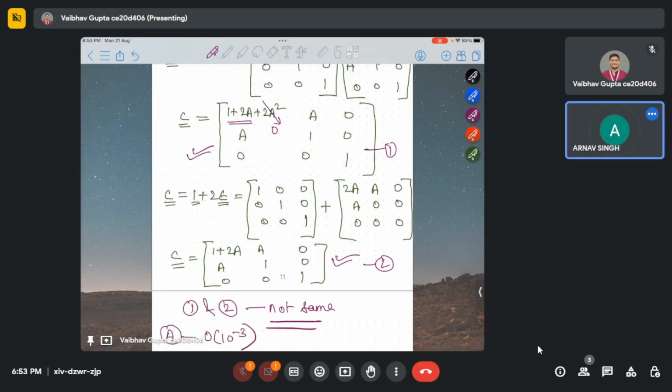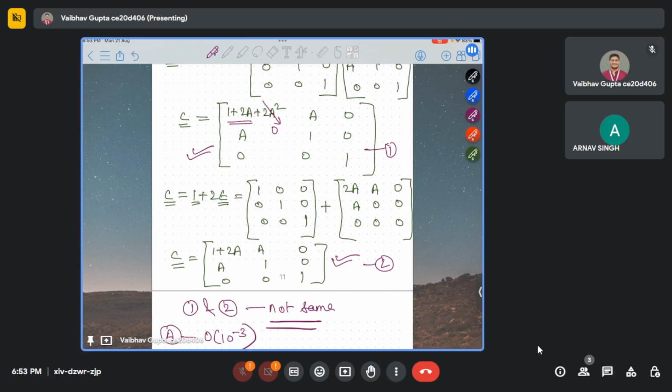No, sir. Why? Which term is different? Sir, if A is 10 to the power minus 3, then 2A is also... See, 10 to the power minus 3 multiplied by some value is reasonable.